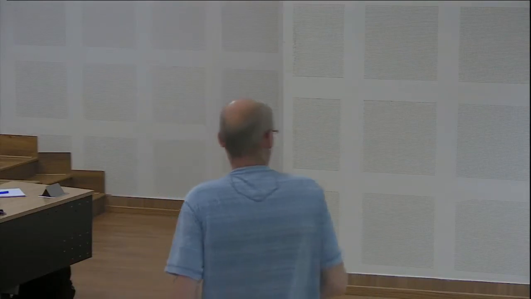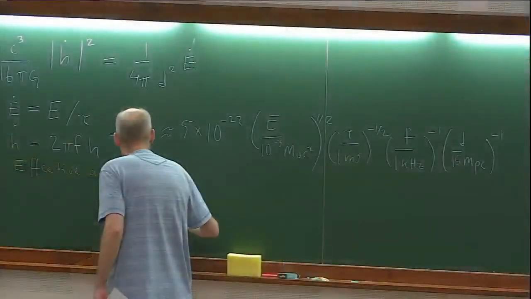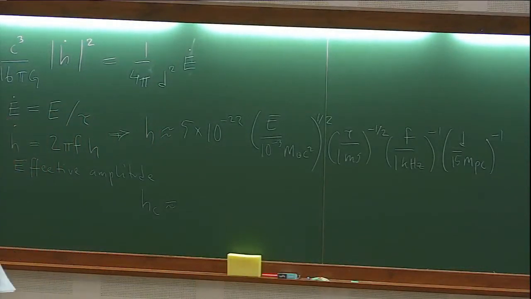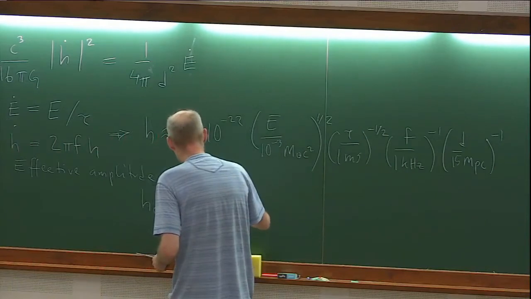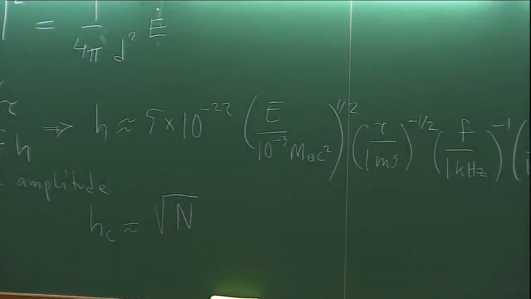Okay? So, very simplistically, the effective amplitude that you get after analyzing the signal, let's call it hc, goes roughly as the square root of the number of cycles in the wave you observe times this h.